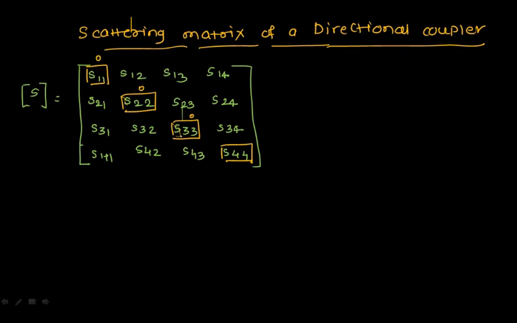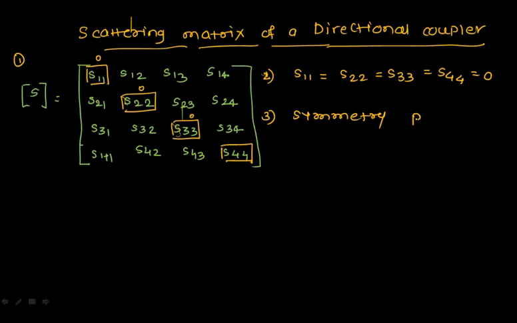So if each and every port is terminated, now I am going to apply the property of symmetry here. The first thing we have applied is that each and every port is perfectly terminated. So S11 is equal to S22 is equal to S33 is equal to S44, which is equal to 0. The second thing I'm going to apply is the symmetry property. What does your symmetry property say in this regard? Your Sij is equal to Sji.